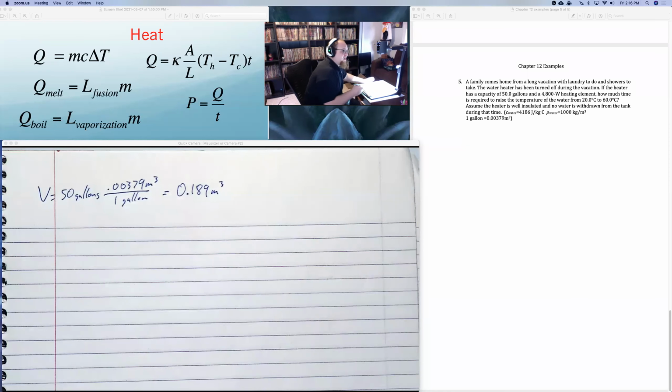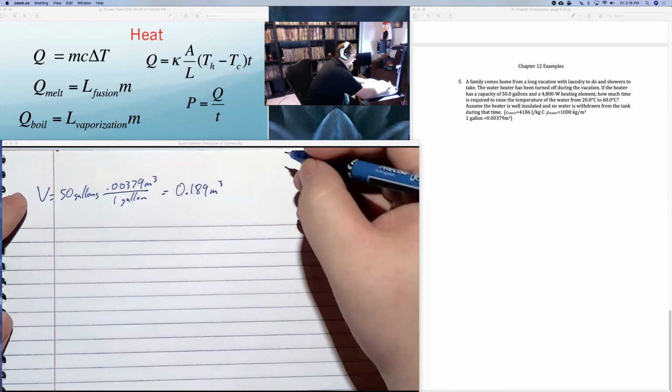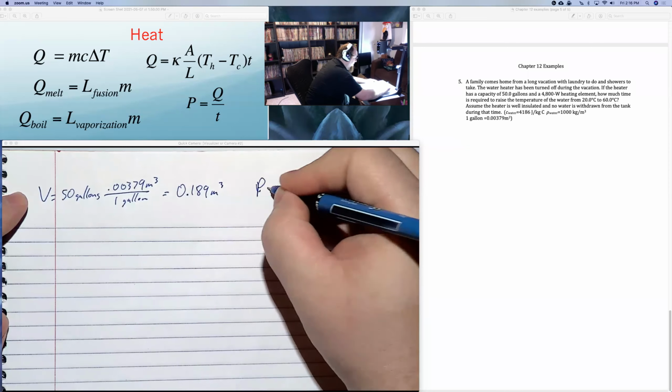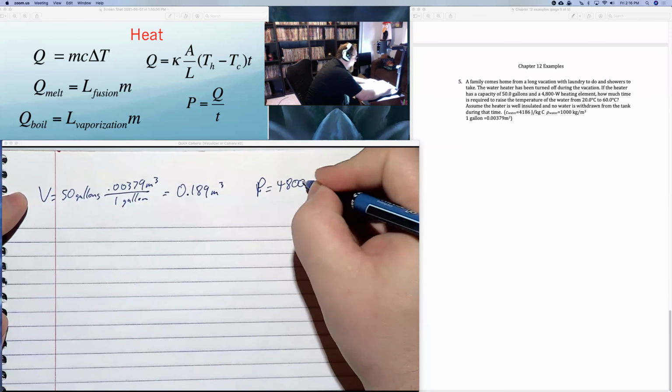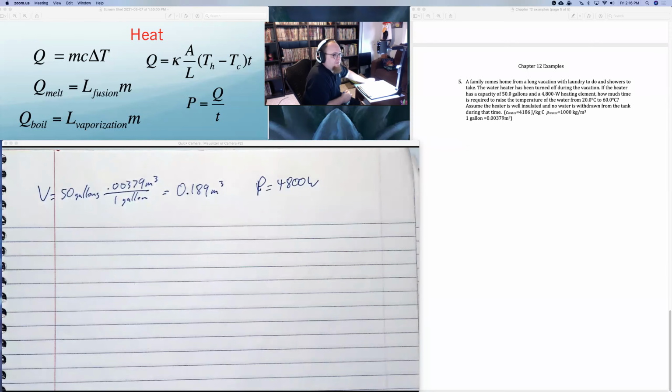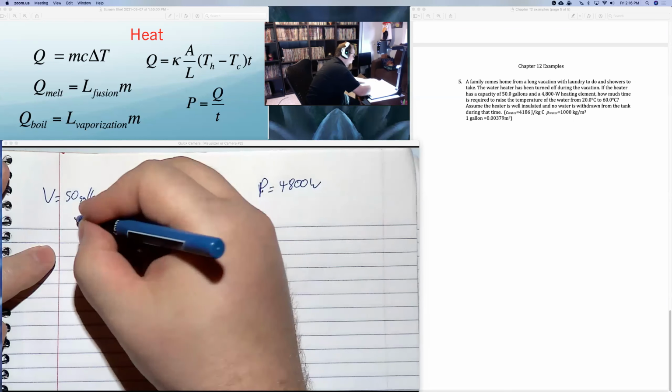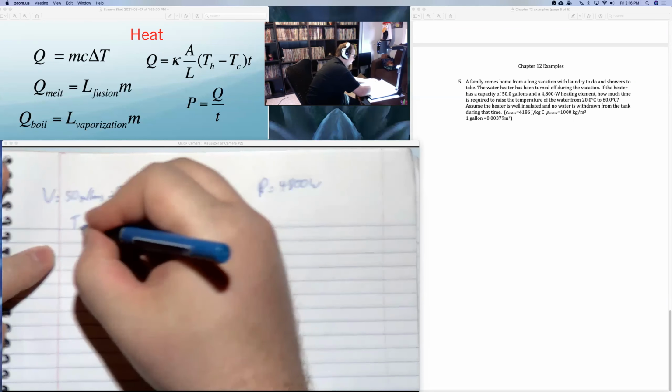And we heat this water with a 4,800 watt heating element. That means the power is 4,800 watts. These are all actual numbers. How much time is required to go from a temperature of 20 degrees Celsius to 60 degrees Celsius?